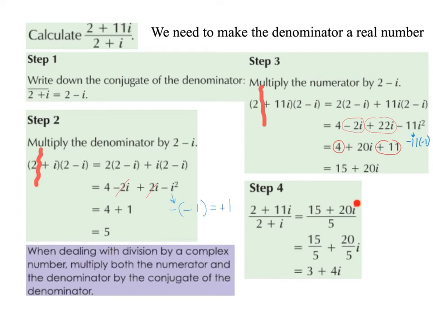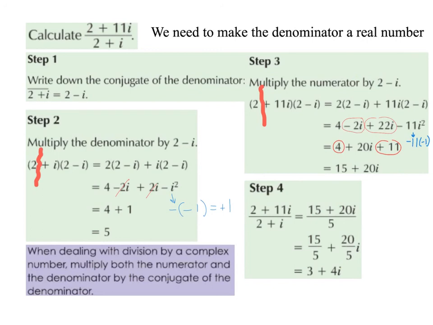Then we're going to break down our fraction, taking the real part over the denominator and then the imaginary part over the denominator. So 15 over 5 is 15 divided by 5, which is 3. Our real part will be 3. And 20i over 5 is 20 divided by 5 i, which is 4i. So our imaginary part is 4i.